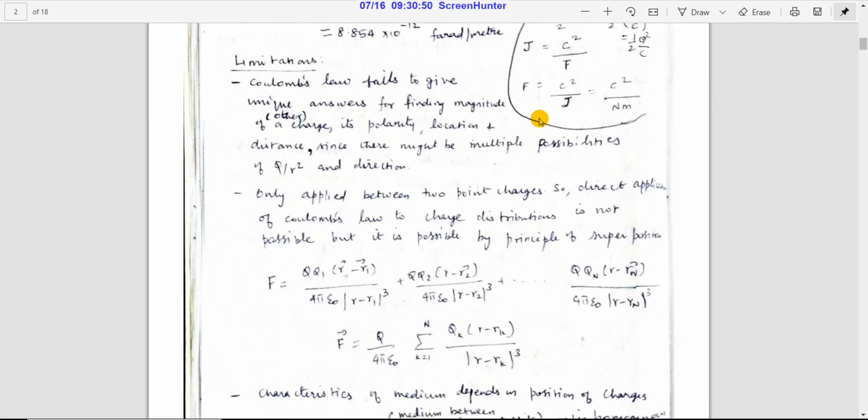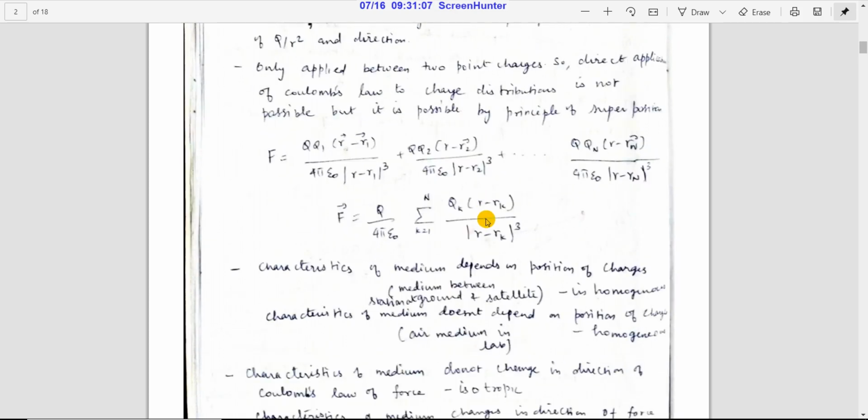These kinds of limitations are forcing Coulomb's law to give wrong answers. It can fail in such scenarios. Also, it is only applied between 2 point charges. You cannot go for the other charge densities.